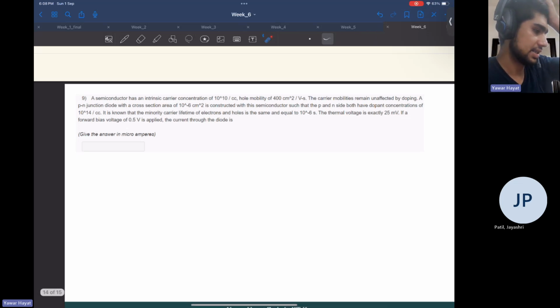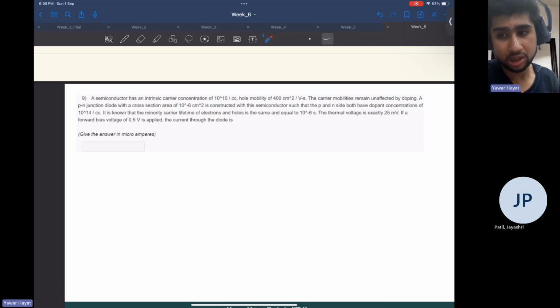A semiconductor has an intrinsic carrier concentration of 10 to the power 10 per centimeter cube. It has a hole mobility of 400 centimeter square per volt second. The carrier mobilities remain unaffected by doping. A PN junction diode with cross-section area of 10 to the power minus 6 centimeter square is constructed with this semiconductor such that P and N side both have dopant concentrations of 10 to the power 14 per centimeter cube.